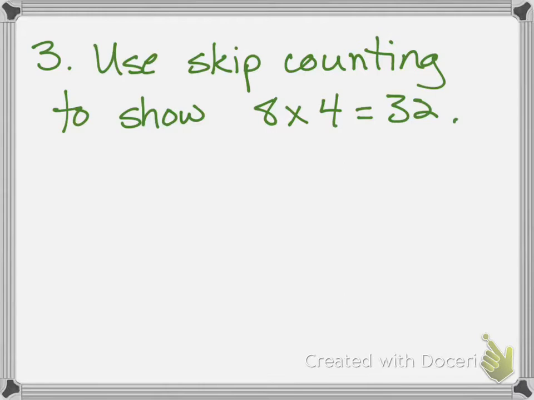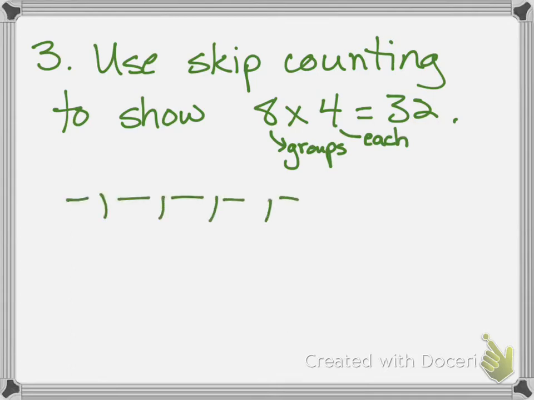So think about that. Are you going to count by 4s or by 8s? What does the first number tell you? The first number tells you how many groups. The second number tells you what each group is worth. Okay, pause the video and see if you can write out your numbers for skip counting.